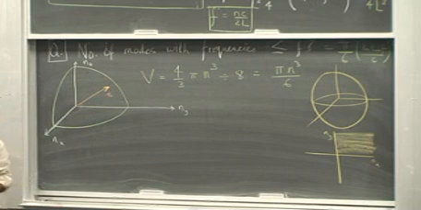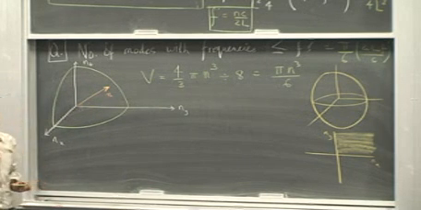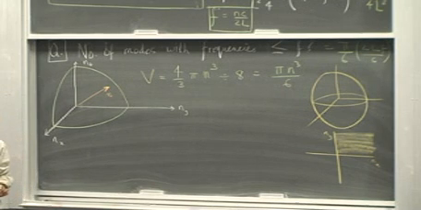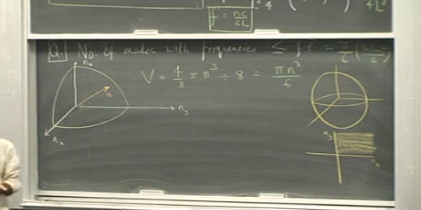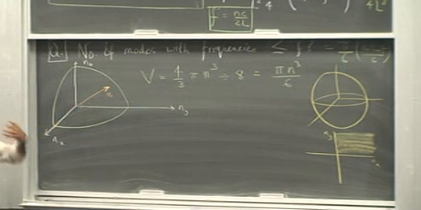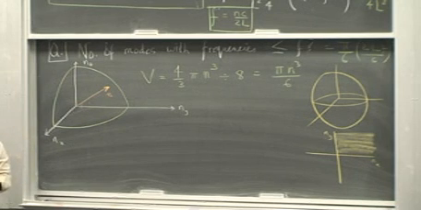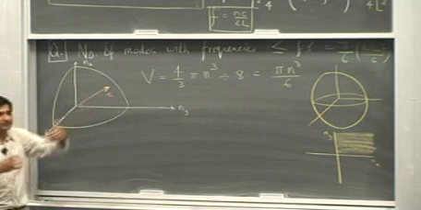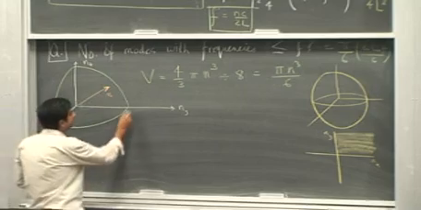Now we want to find the number of modes in a small frequency interval. That's what we want to do, because our density of modes is defined as the number of modes per frequency interval. So what do we do? We take this volume and instead of talking about the volume, we make a shell. We make a small incremental increase in our distance from the origin and make a shell.